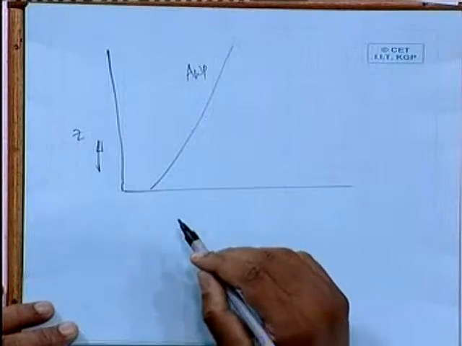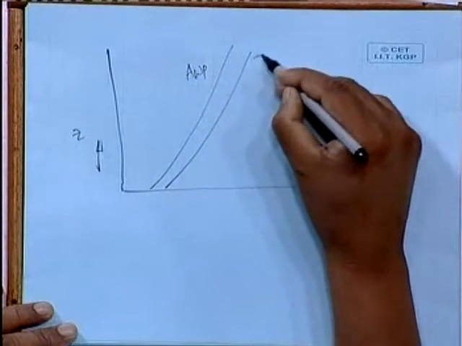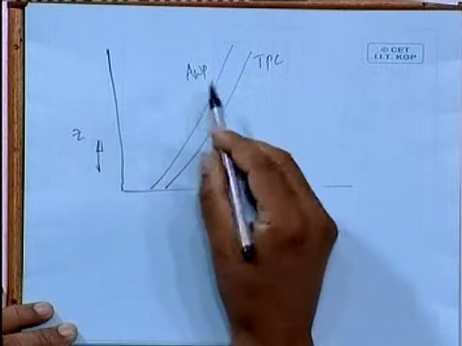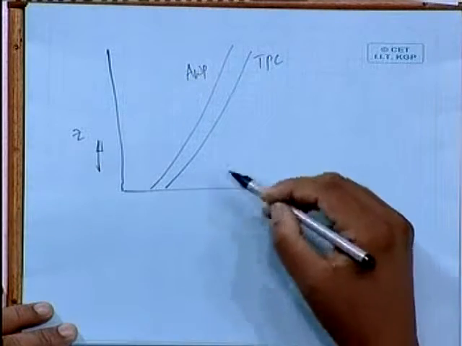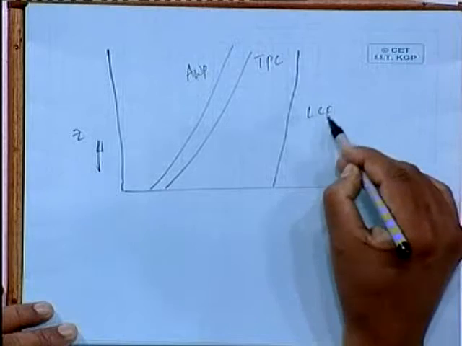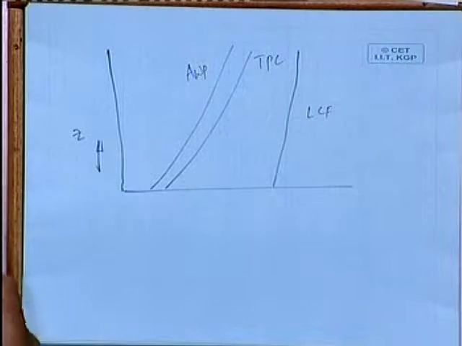Some people don't plot AWP; some people plot TPC instead, because it is just proportional to AWP. Then you plot XF, that is LCF. LCF is always plotted.